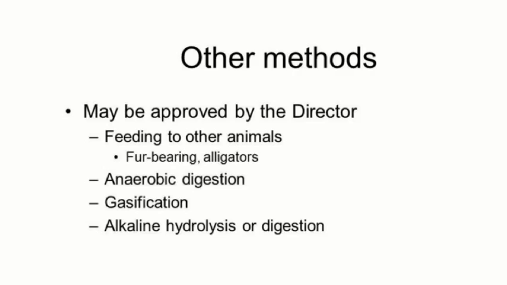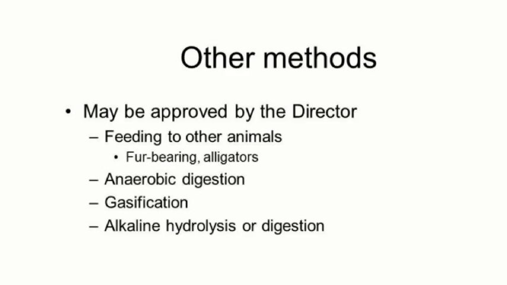Okay, those were the 5 major methods that are used predominantly. Other methods I mentioned may be approved by the director of the Department of Ag or Board of Animal Health, the governing body in each state.